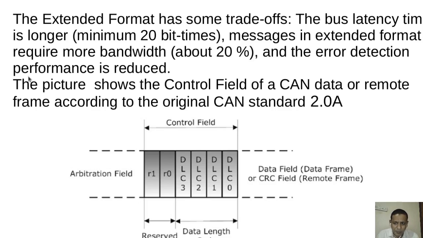This picture shows the control field of a CAN data or remote frame according to the original CAN standard. This is the control field of the standard frame format. The first one is the arbitration field, meaning the 11-bit identifier. Then the next is the control field, and the next is the data field.